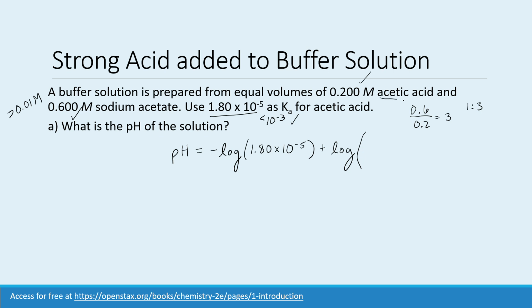So we always look for that base first. Now this is acetic acid, so of course that is going to represent our HA. And so sodium acetate, if we remove that inert sodium ion, we get acetate, which is the A negative. That's our base. So the concentration of the base must be the 0.6 divided by the concentration of the acid, that's the 0.2.